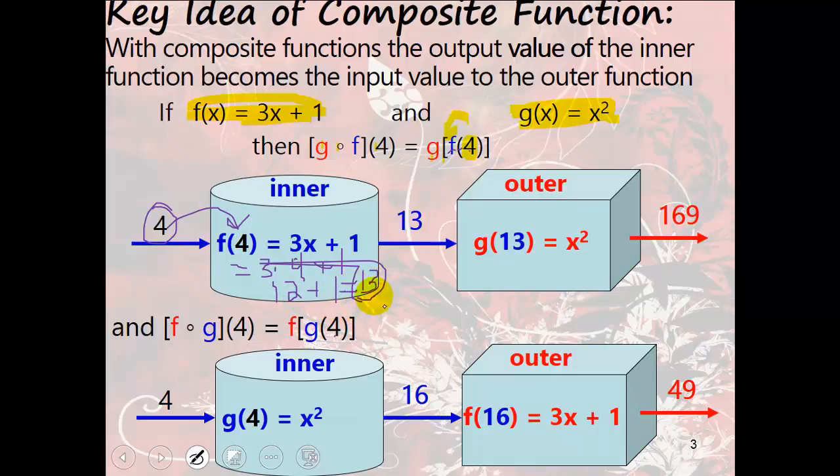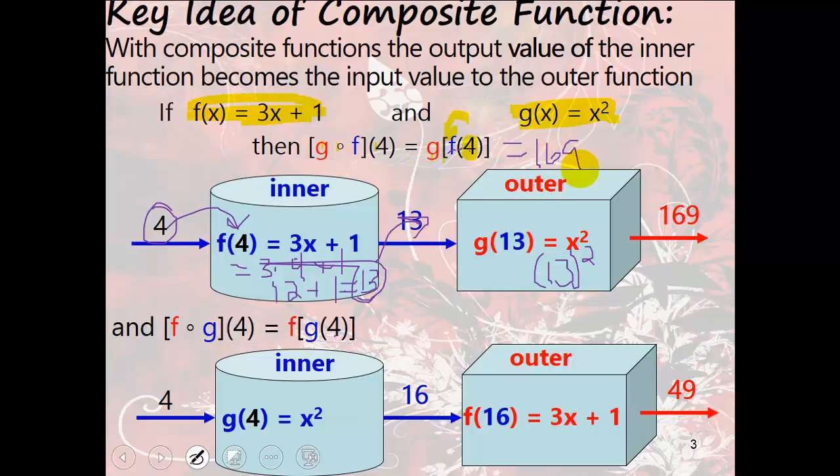Now watch, I take that 13 and it keeps moving forward, and the next rule says take 13 and plug it into g. So now I'm going to find g of 13. That's going to be 13 squared, which equals 169. So g of f of 4 equals 169.